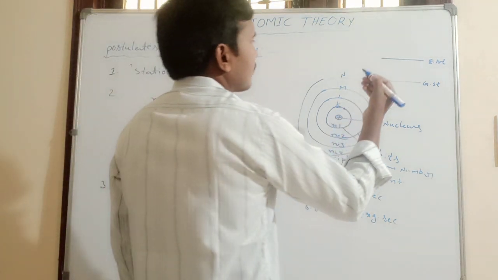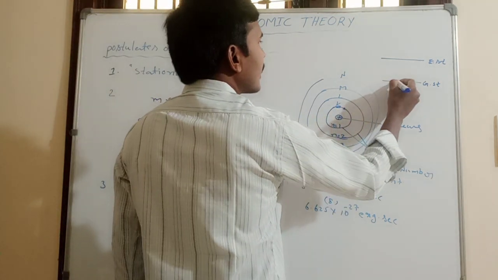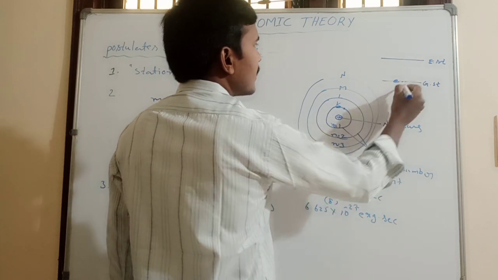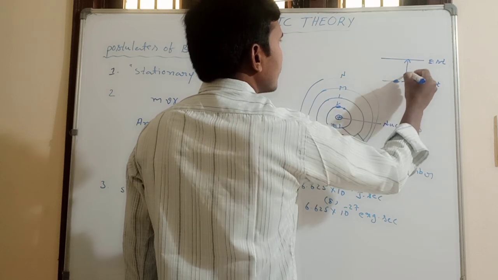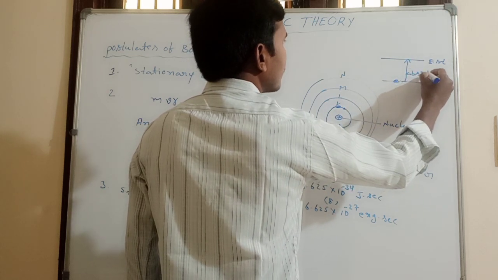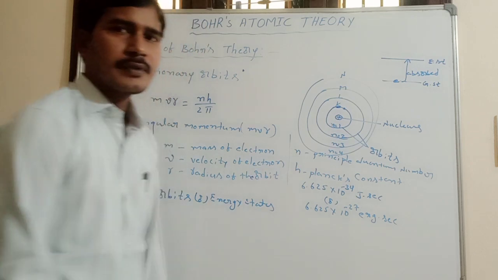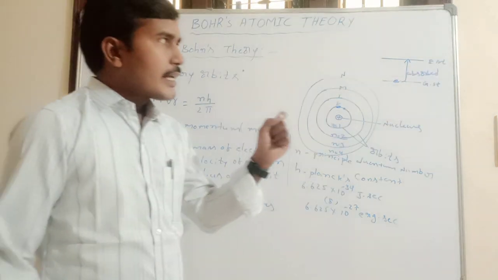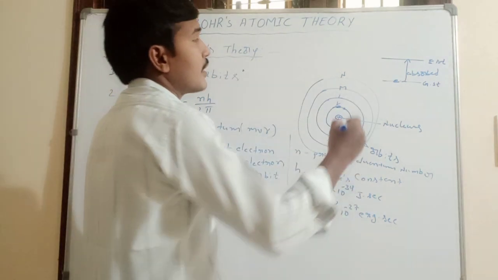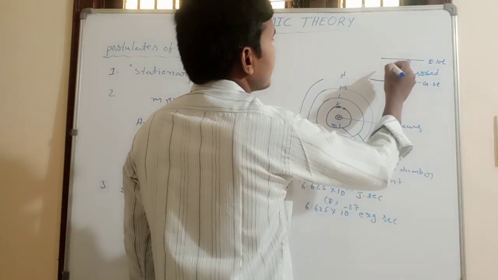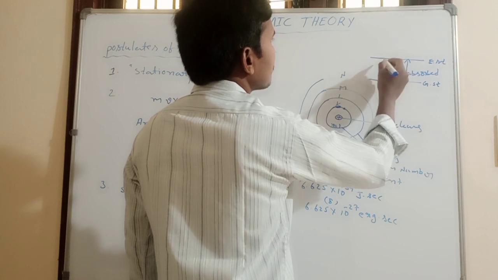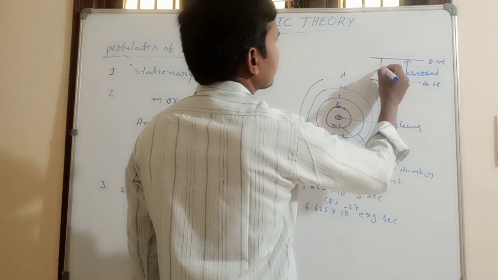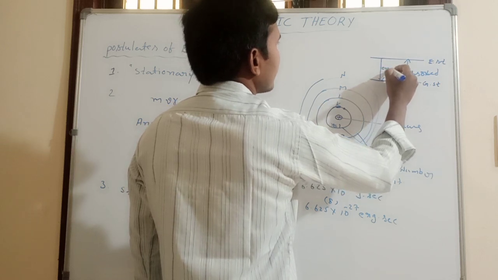Energy absorbed. When the energy is emitted, the electron jumps from an outer orbit to an inner orbit. Energy is emitted.